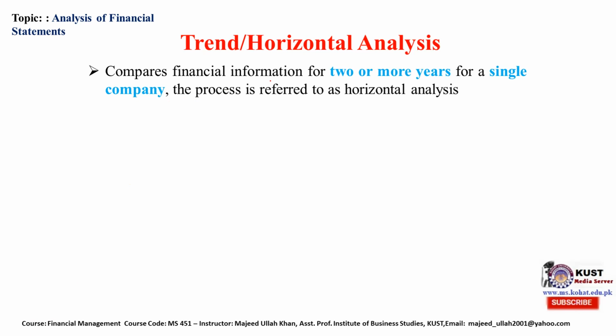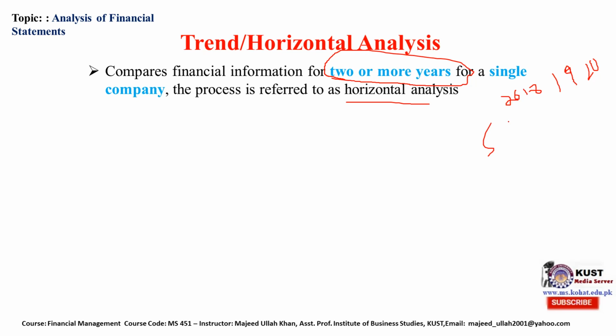An analyst always compares financial information for two or more years for a single company. The process is referred to as horizontal analysis. Let's suppose the years are 2018, 19, and 20.